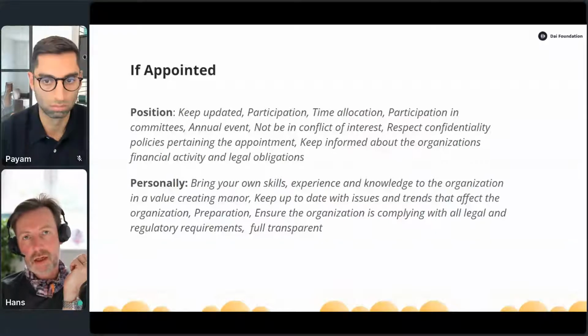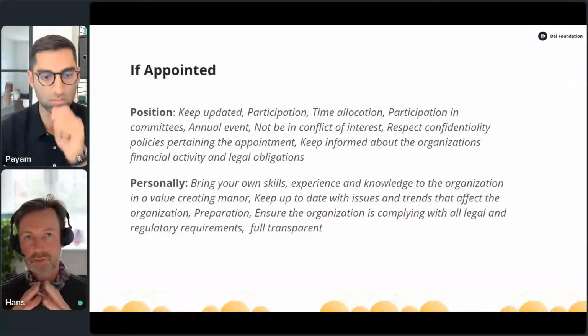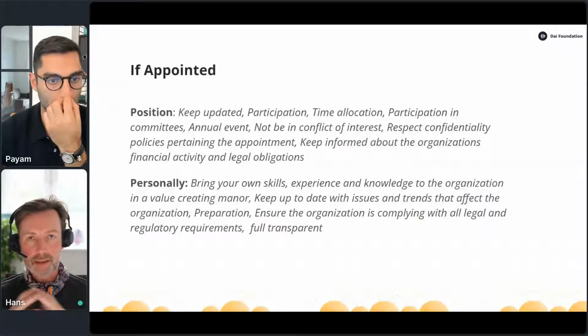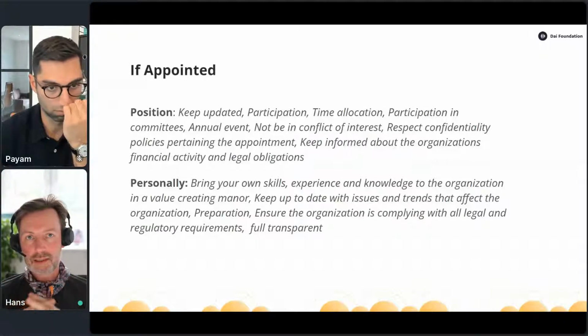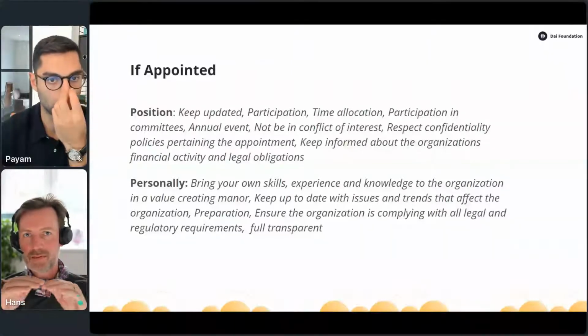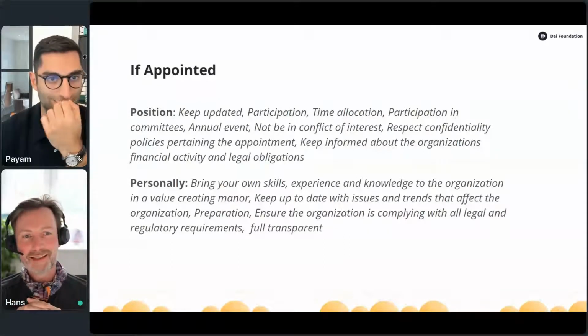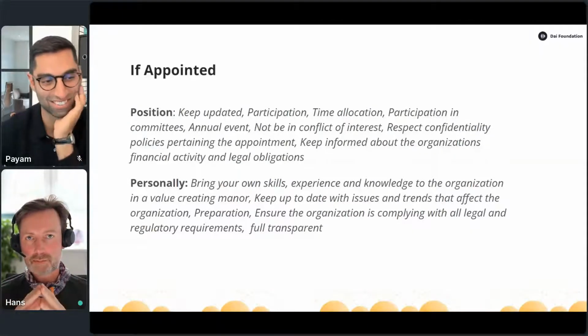Personally, as I said before, you are responsible as an entire board, but you're also responsible as a person. You're also responsible for bringing, let's say, your own skills and knowledge and experience to the table in a value creation manner. And that's super important. And that's also why we don't want to have a board which is just a lot of lawyers. Sorry, Payam, but having the same people on the board does not make sense.